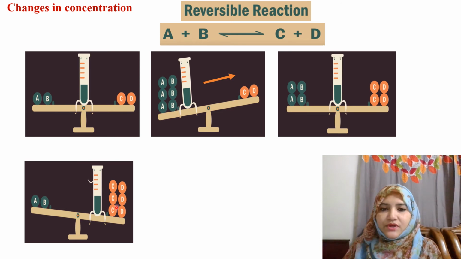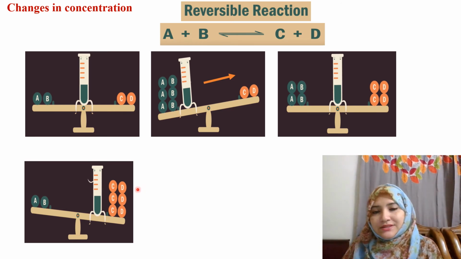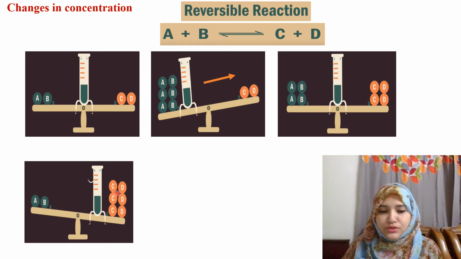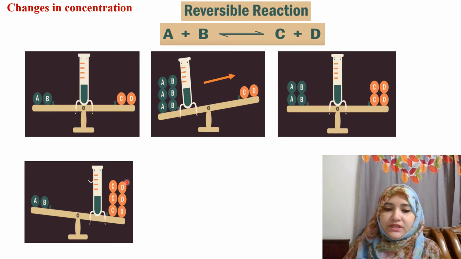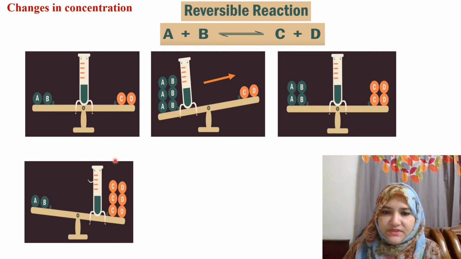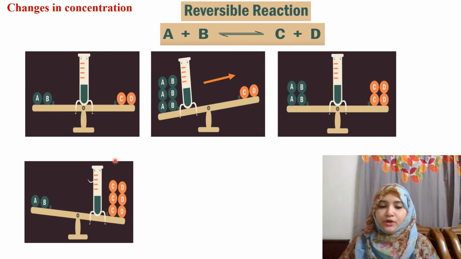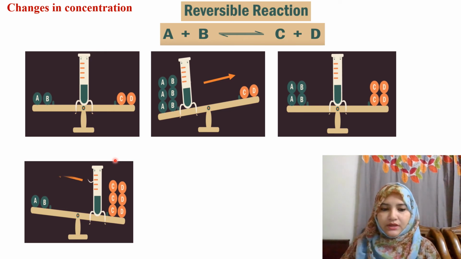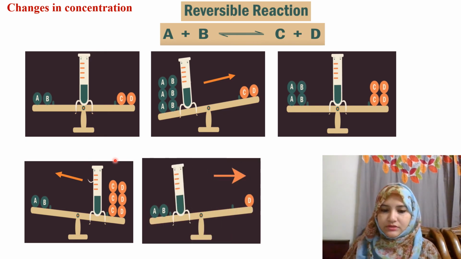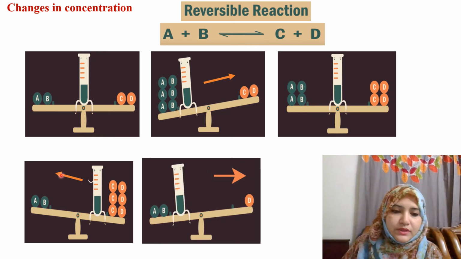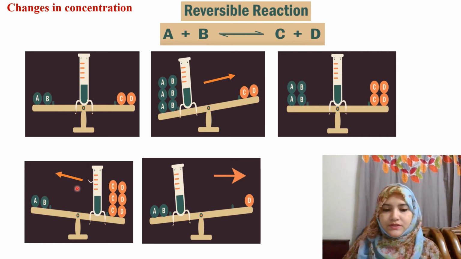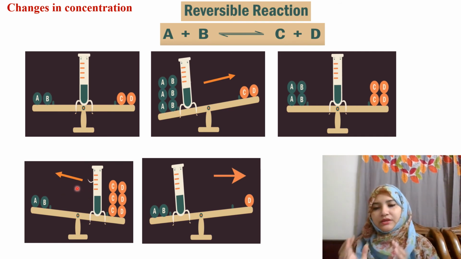To counteract the stress, to neutralize the effect of increased concentration of product, the rate of backward reaction will be increased. The equilibrium shifts from right to left, and then the constant equilibrium can be gained again.